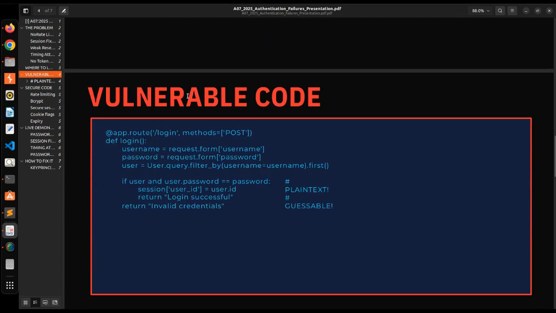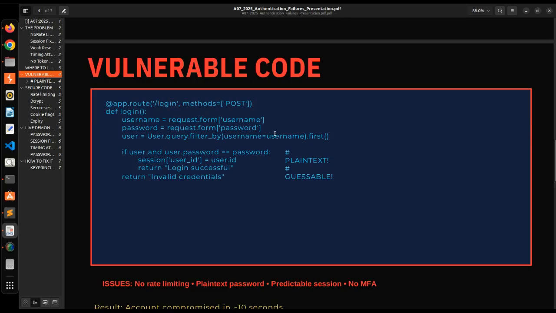So let me show you what this actually looks like. Here's a typical vulnerable login endpoint I see in the wild, and I'm looking at this and immediately see like five problems. First, they are comparing passwords with equals, a direct string comparison, and that's a timing attack waiting to happen.